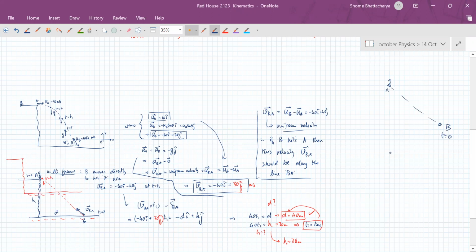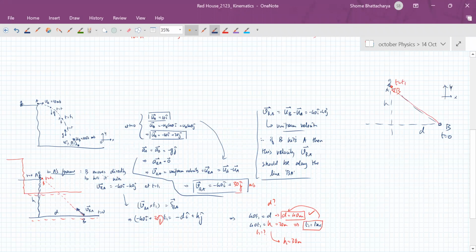This is where B was at t equal to 0. And now at some time t1, B is coming and hitting it. So B is over here at time t1. So this vector is the displacement, no? From here to here. So this vector has an x component along the negative x side of D and a y component on the positive side, because we have taken x and y axis like this. Is it clear now, Vital?